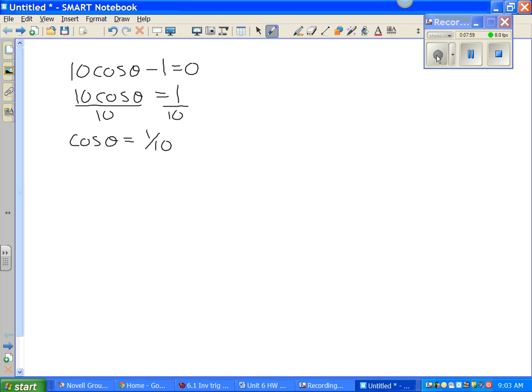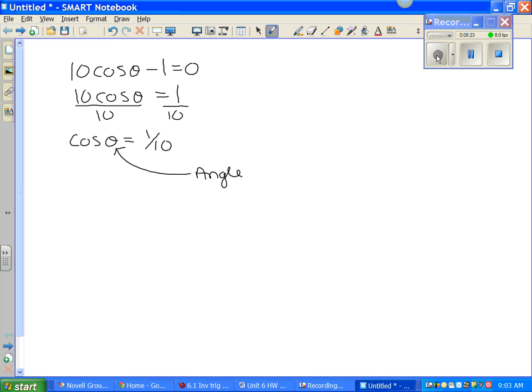Okay. What am I looking for? The angle. What is the angle represented by here? Theta. Good. I'm looking to solve for theta. Theta is the angle. To find the angle, I use the inverse. Okay.